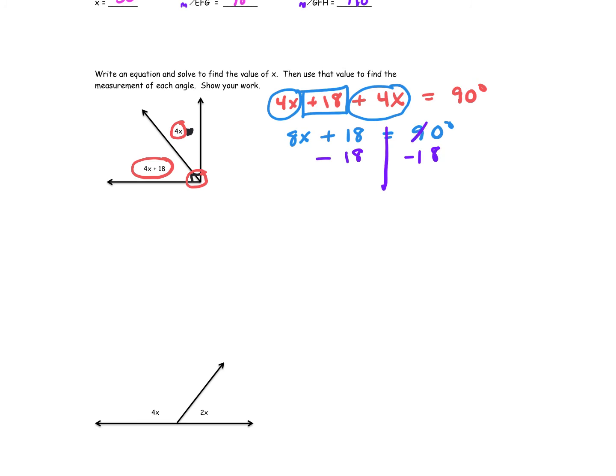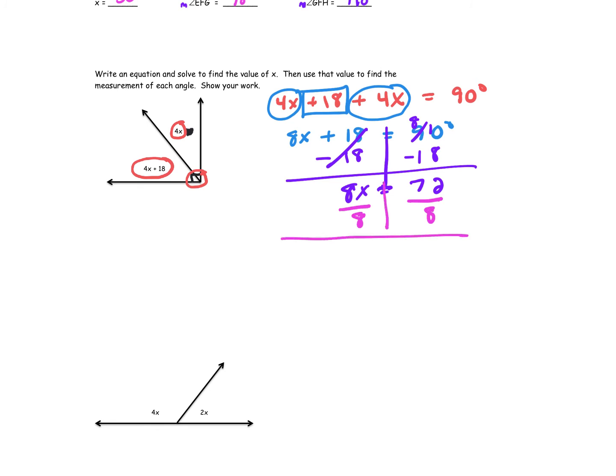So I'm going to subtract 18, and we're going to get 72. These eliminate, and we have 8x. Now we're going to eliminate the coefficient, the number that works with the variable. We're going to do that through division, since it's side by side, it's multiplying. And our final answer is x equals 9.